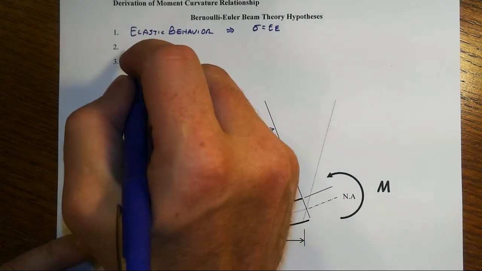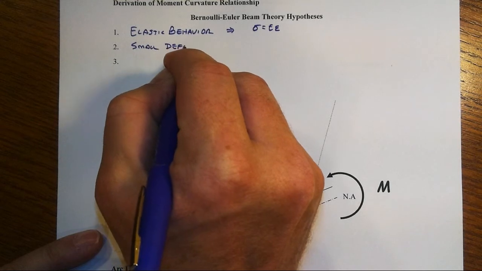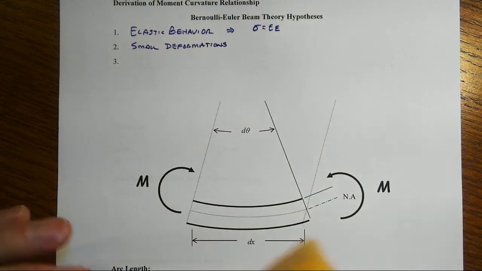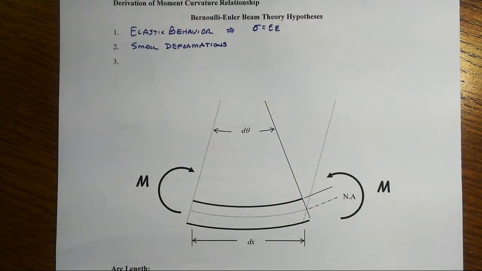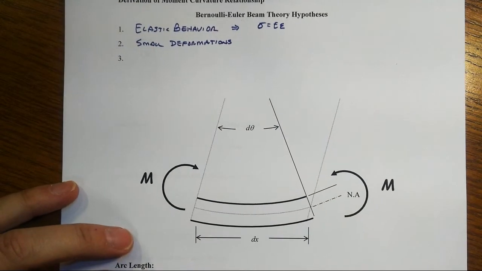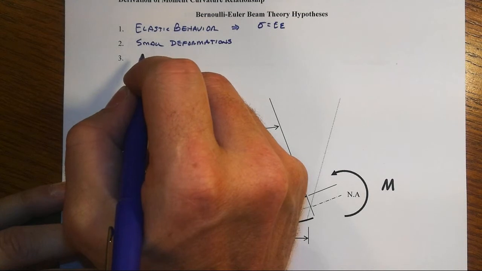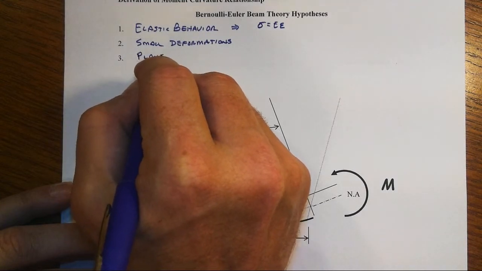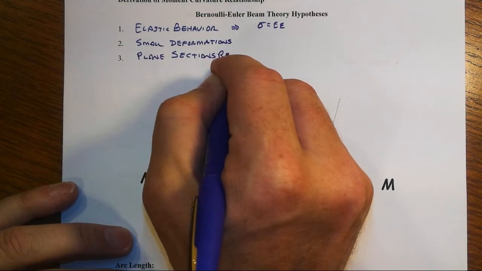We're also going to look at only small deformations, because we don't want to see the kinds of things that are happening way out there, and there's a mathematical significance of that that will show up very shortly. And then we're also going to say we don't want to start looking at warping of the cross-section, and that statement is that plane sections remain plane.